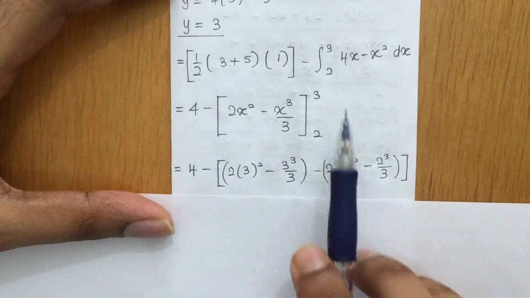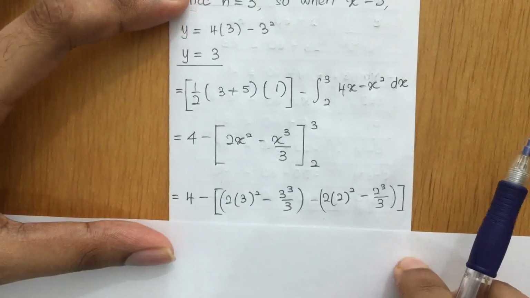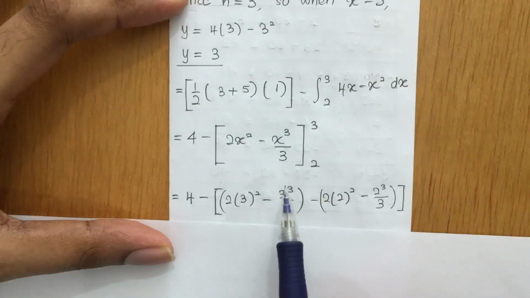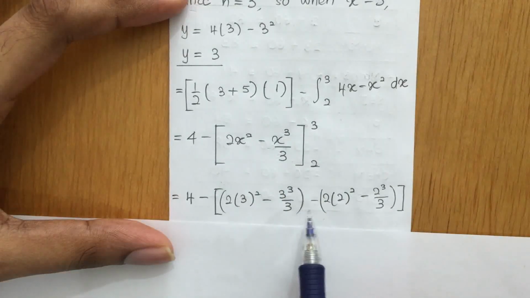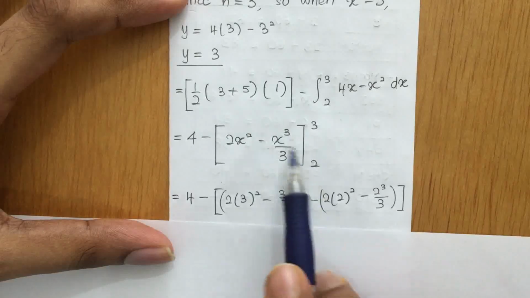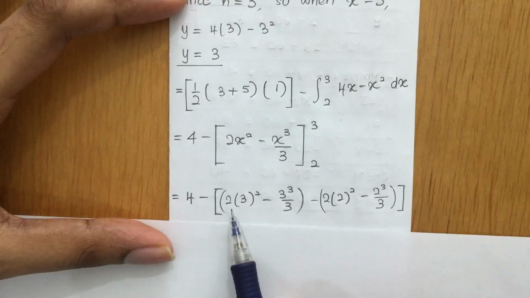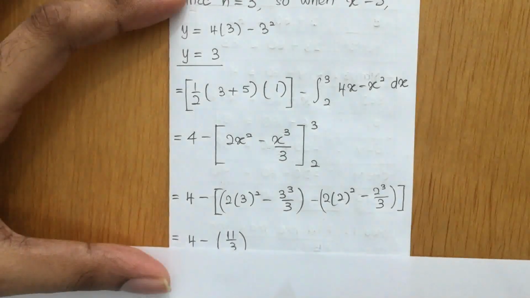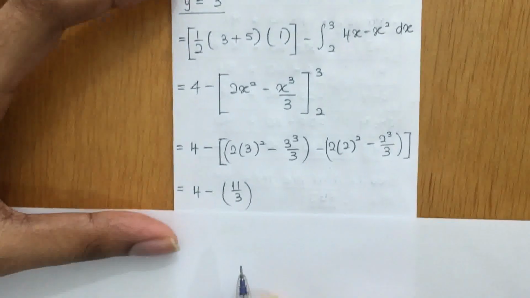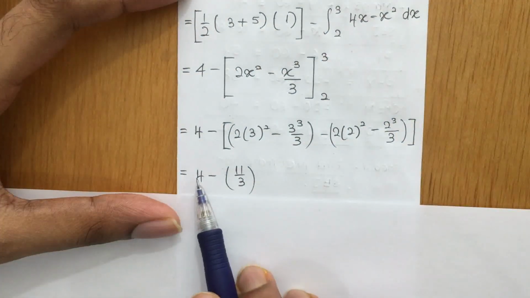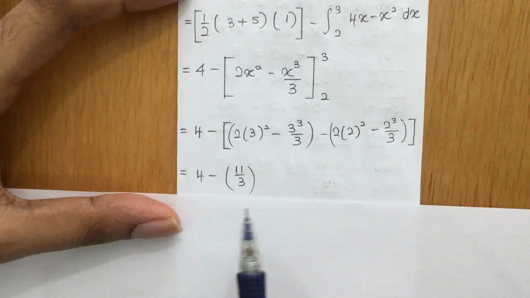Like I said, guys, in the integration you substitute the upper limit and get a value, then you minus the value from substituting the lower limit into this equation. You minus these two values and you should get 11 over 3, guys. Once you get this 11 over 3, you minus with 11 over 3.